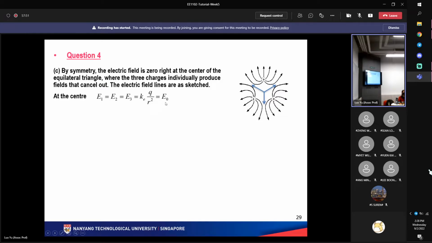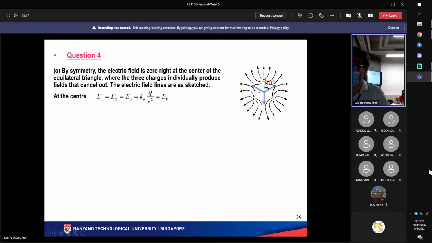The angular distance between E1, E2, and E3 is equally distributed, 120 degrees. Half of it will be 60 degrees.